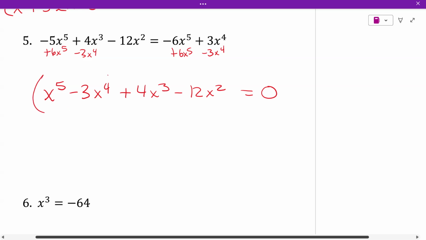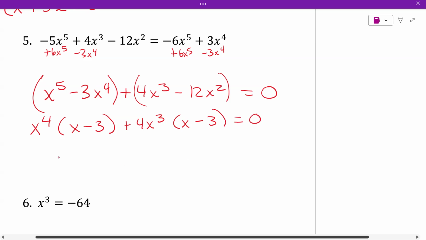So if I group them, what comes out of the first two? X to the 4th. I get x minus 3. How do I get x minus 3 out of here? What do I have to take out? 4x to the 3rd to get x minus 3. So it's x to the 4th plus 4x squared.